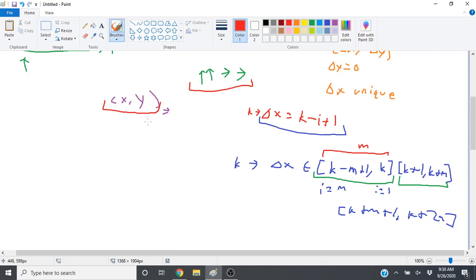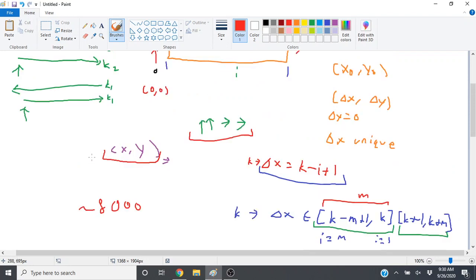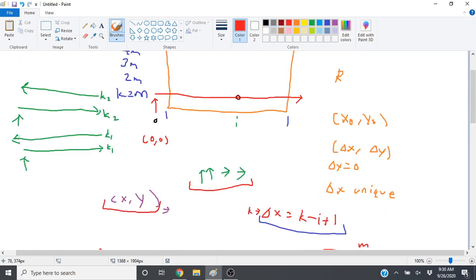How many operations, or what's the length of the sequence? You can show that it's on the order of 8,000 something, so that's comfortably less than 10,000, so that should be fine no matter what. I think you can also get away with not moving to the right, but then you have to alternate. You have to go left, then right, then left, then right, and that part's kind of annoying, so I would say it's not worth it.